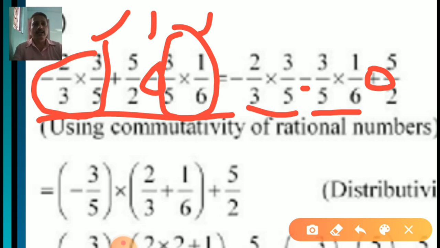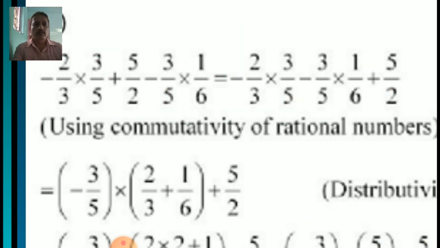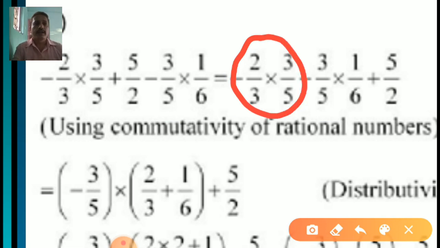Third step is that, as I already explained, these both terms have one number in common. We take that out. So from this first term, I will take out minus 3 upon 5. What will be left? If I remove this one, there should be a 2 upon 3.